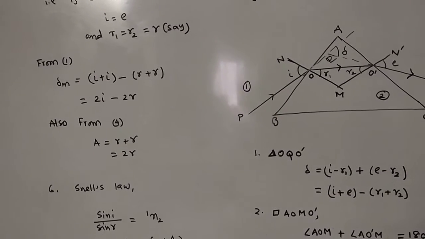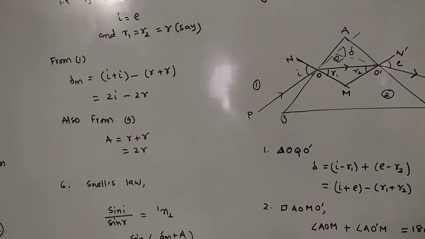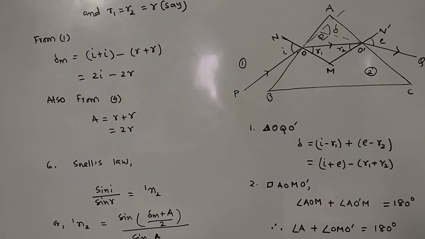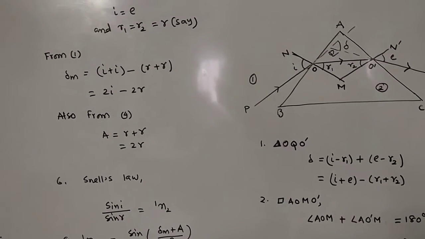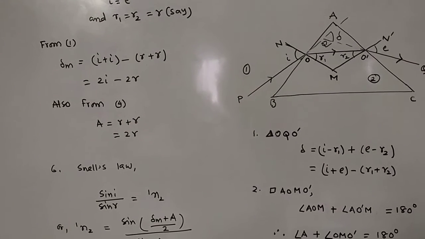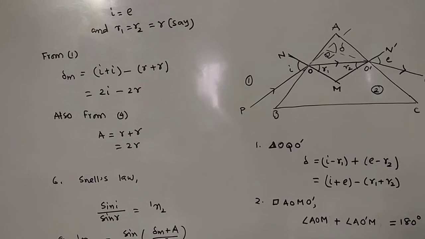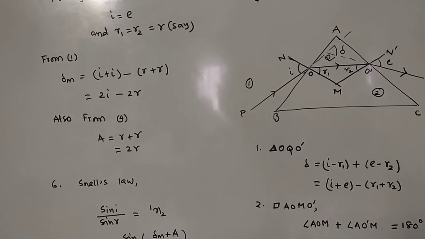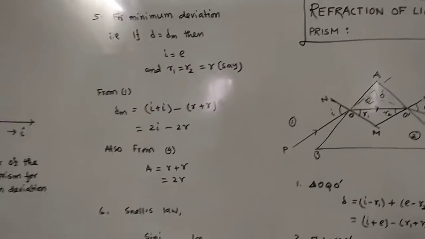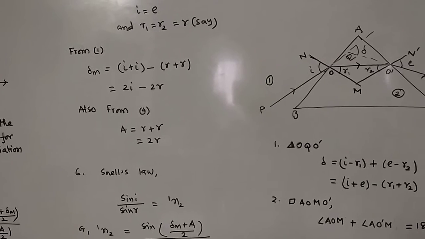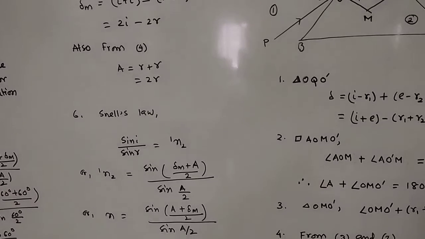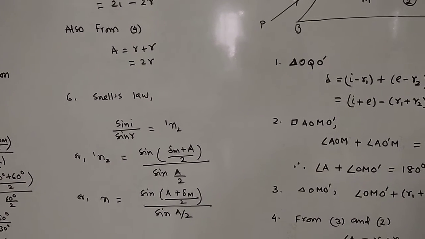So R we have considered, that is nothing but R1 equal to R2 equal to R. So n21 sin I, in place of I we have written delta m plus 2R by 2, or 2R is nothing but your A. So delta m equal to 2I minus A, so delta m plus A by 2 equal to I. You can use this from number 5 by substituting 2R as your A, and similarly R is your A by 2. So n21 equal to sine of delta m plus A by 2 by sine of A by 2.